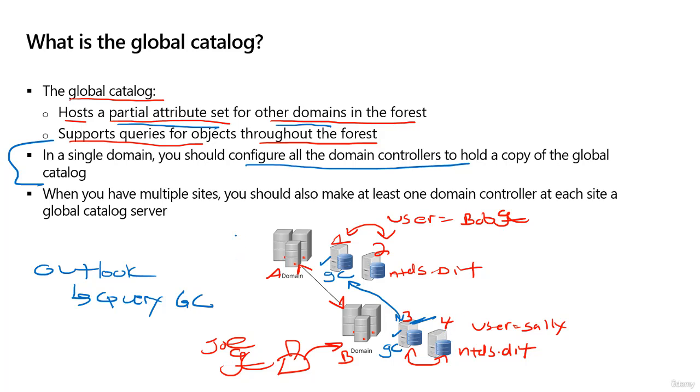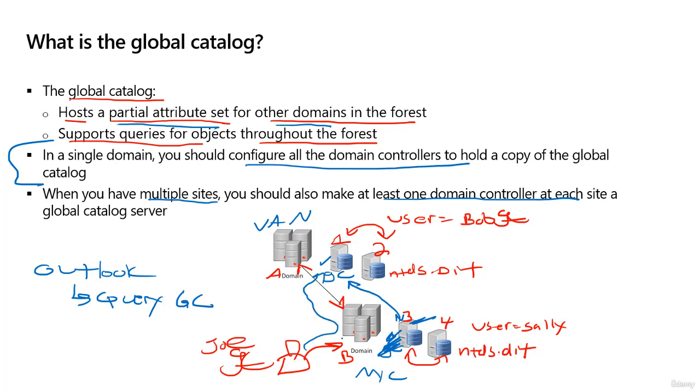If you are in an environment where you have multiple sites, as in like physical locations, you should make at least one domain controller in each site a global catalog server. The advantage for that, if my domain here is in Vancouver, and my domain here, domain B, is in New York City, if you do not have a global catalog server in the New York City domain, then every time your users query something through Outlook, like an email address or anything like that, that request has to go all the way back to Vancouver.